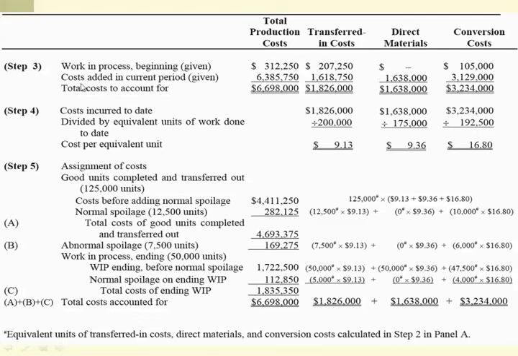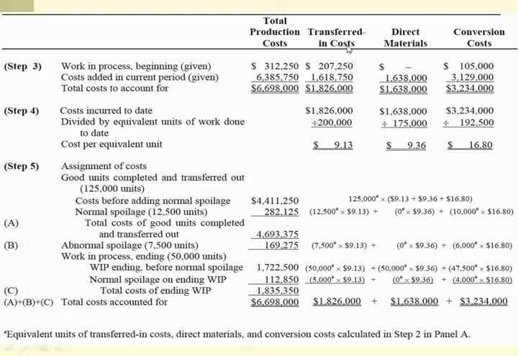Plus costs added in the current period, also given: 1,618,750 for transferred in cost, 1,638,000 for direct material, 3,129,000 for conversion costs, with a total of 6,385,750.